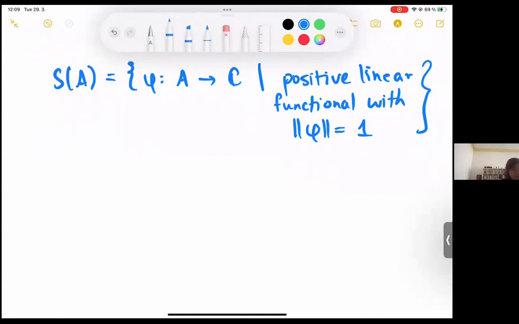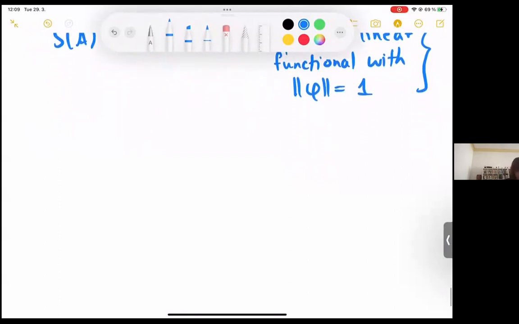But to do this, we need to know that there are enough states, and this is what this next proposition is going to tell us.